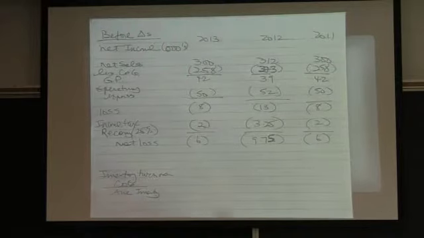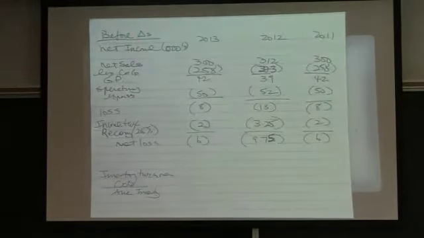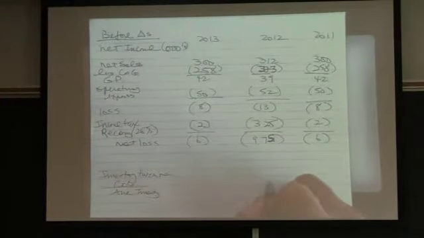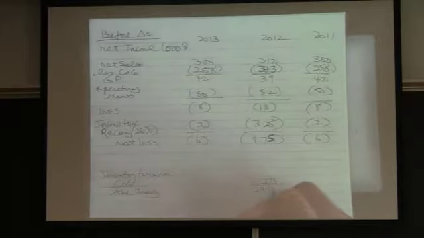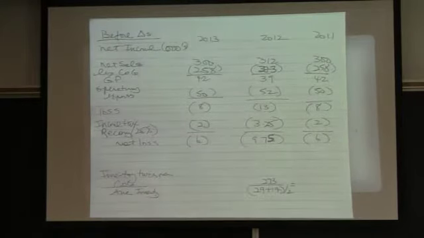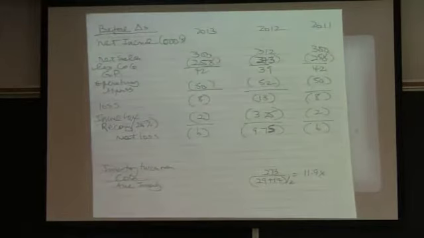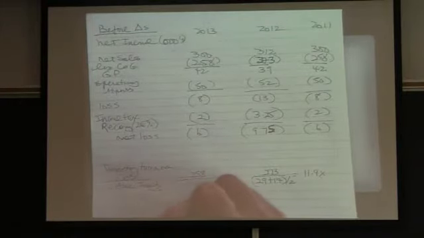The only turnover I can do is 2013 and 2012 because I don't have the 2010 ending inventory. So for 2012, the cost of goods sold is 273 divided by the average inventory, which is 17 and 29 divided by 2. So for 2012, the turnover is 11.9 times. And for 2013, the cost of goods sold is 258 divided by the average inventory, which is 17 and 29 divided by 2.